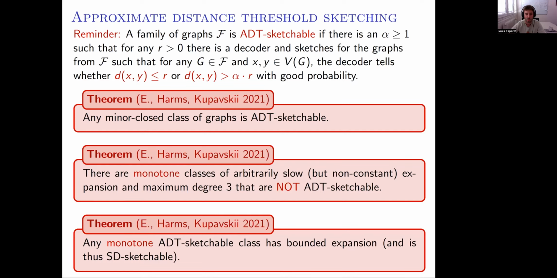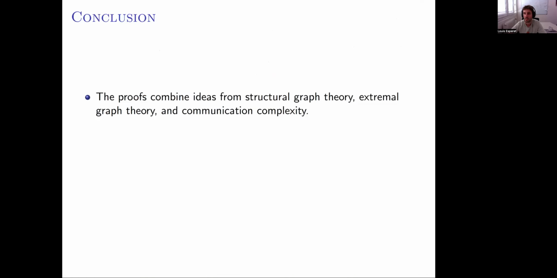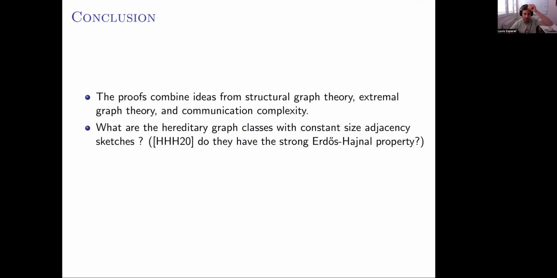All right, so let me conclude now. I haven't talked much about proofs, but they combine structural graph theory results, extremal graph theory, and communication complexity. We still haven't really answered the original question, which hereditary graph classes have constant size adjacency sketches?